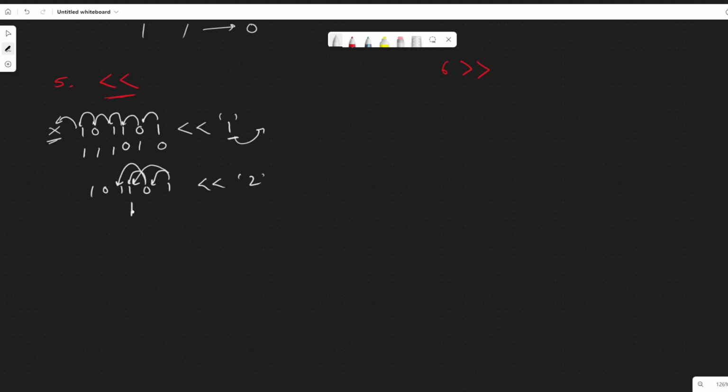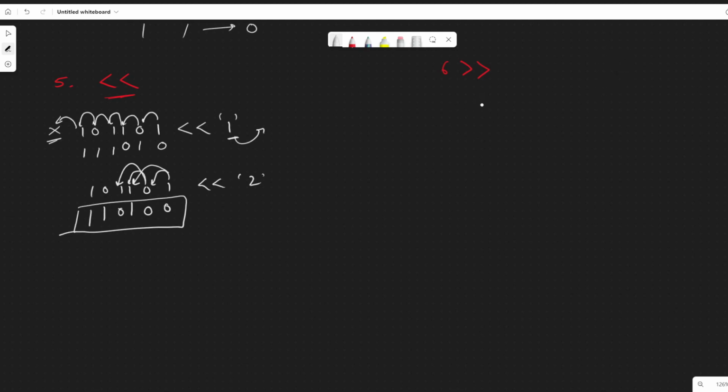So 1 moves here, 0 moves here, again 1 moves here, this one moves here, and the others are zeros. This is the left shift by 2. The same applies to right shift: we shift the bits by 1, or by the number given as k, or the ith time. Simple.